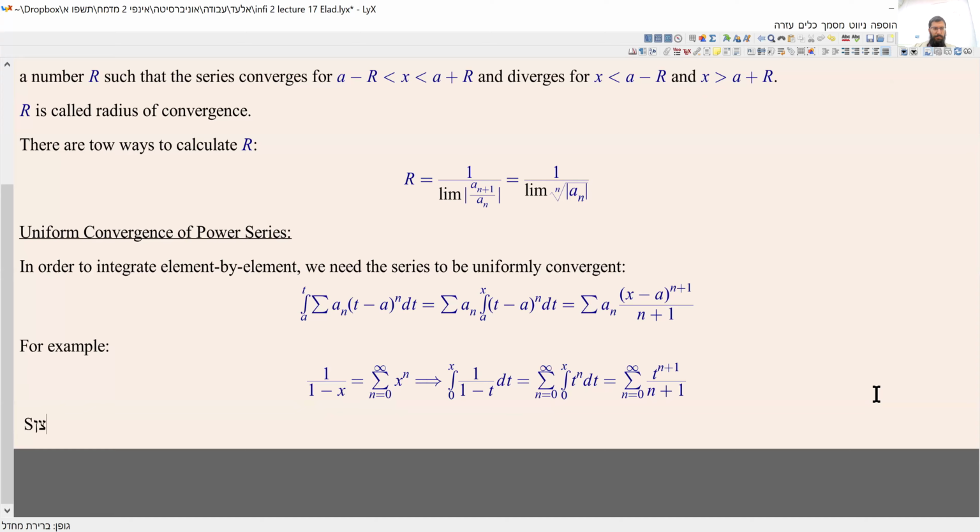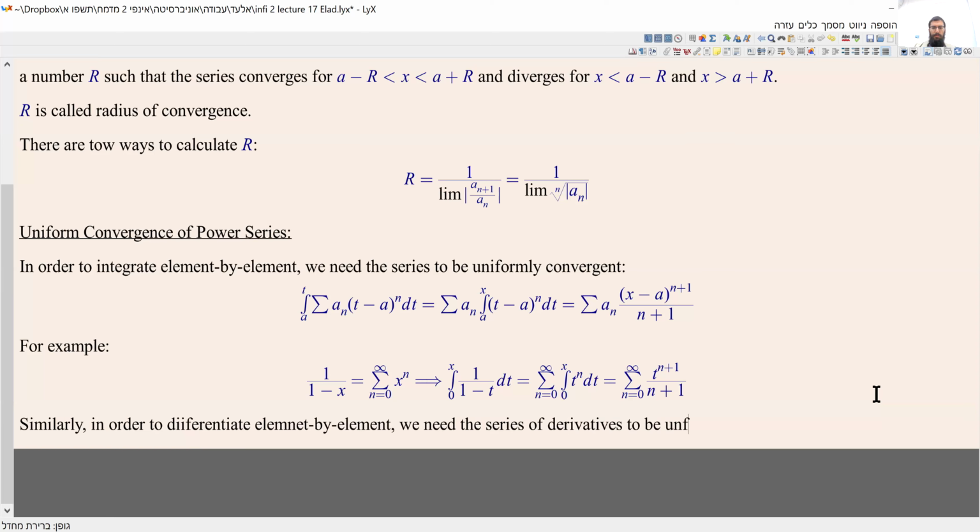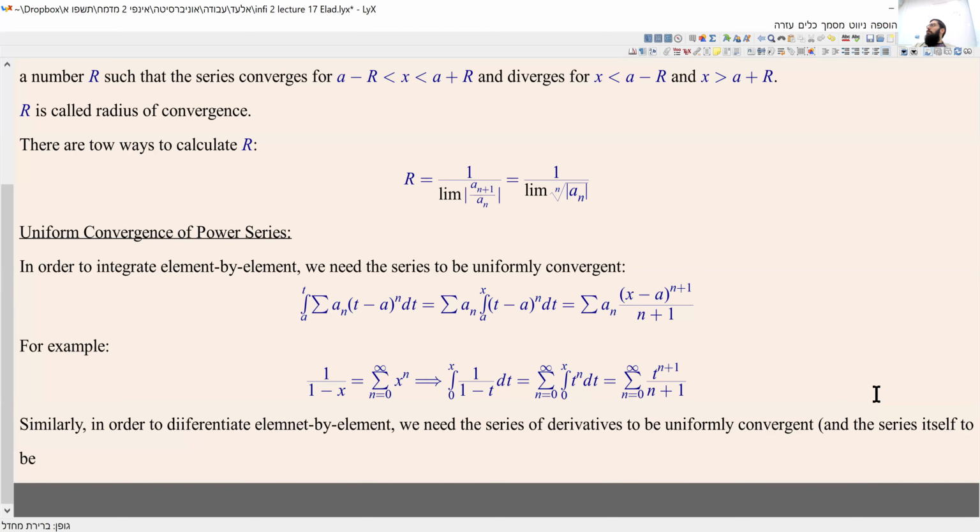And similarly, in order to differentiate element by element, we need the series of derivatives to be uniformly convergent, and the series itself to be convergent at some point of the interval.